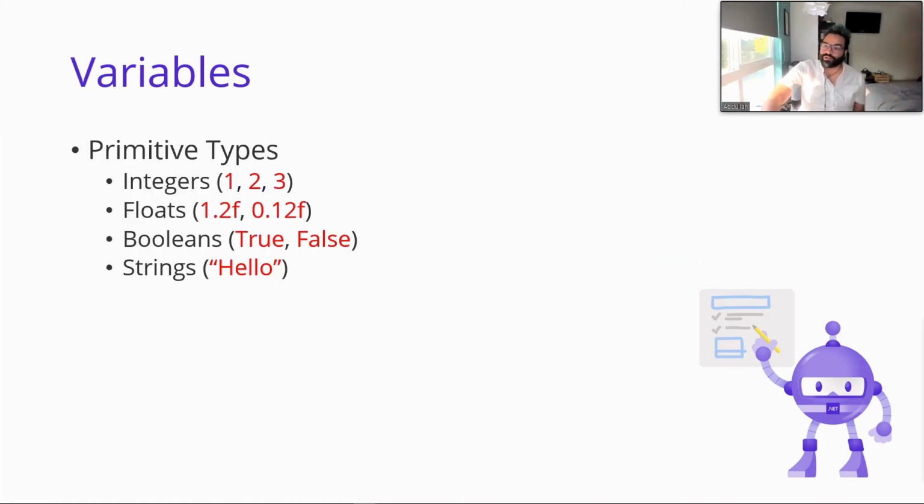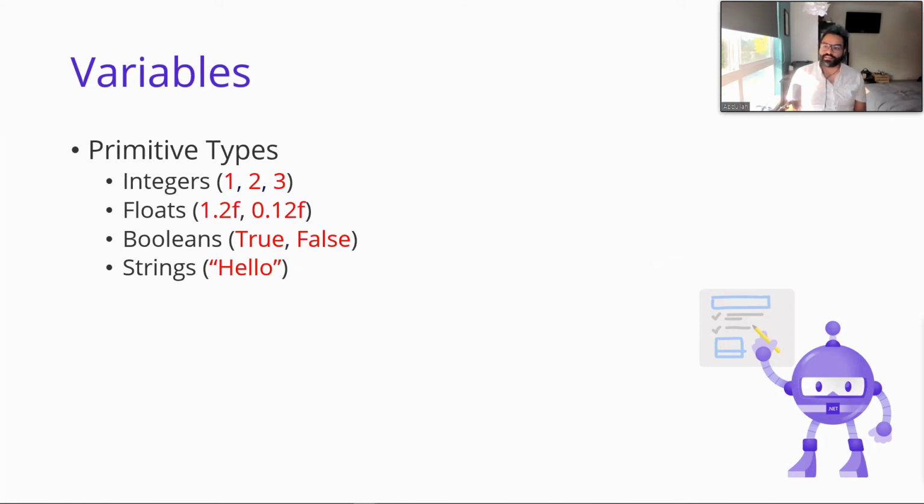Okay, so with variables, we have things called primitive types. These are types that are usually available by default in most languages, like integers, 1, 2, 3, just whole numbers, floats, 1.2, 0.12, and in Unity, we put a little f after the number just to make sure that Unity understands that it's a float.